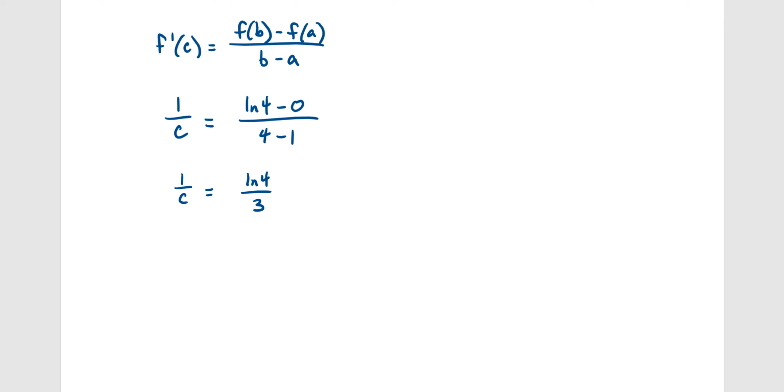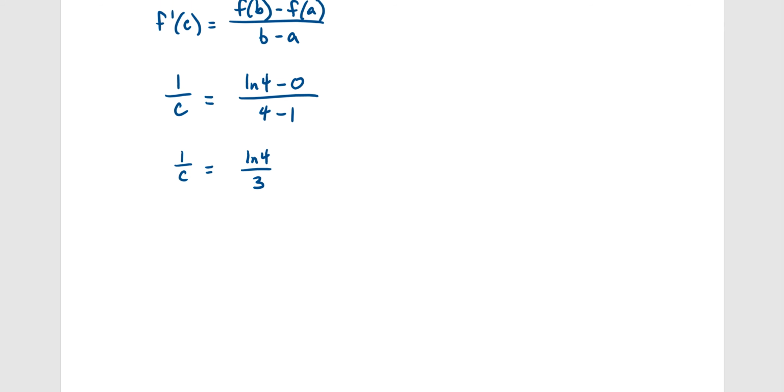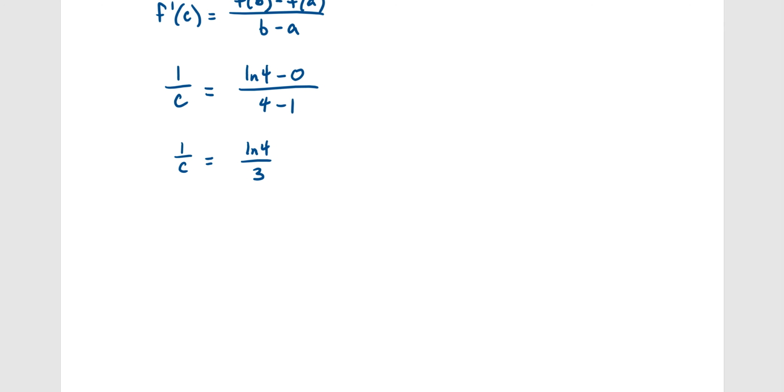Technically, you could think of this as cross multiplying. We get 3 equals c times the ln of 4. Divide both sides by the ln of 4. We get 3 divided by ln of 4.